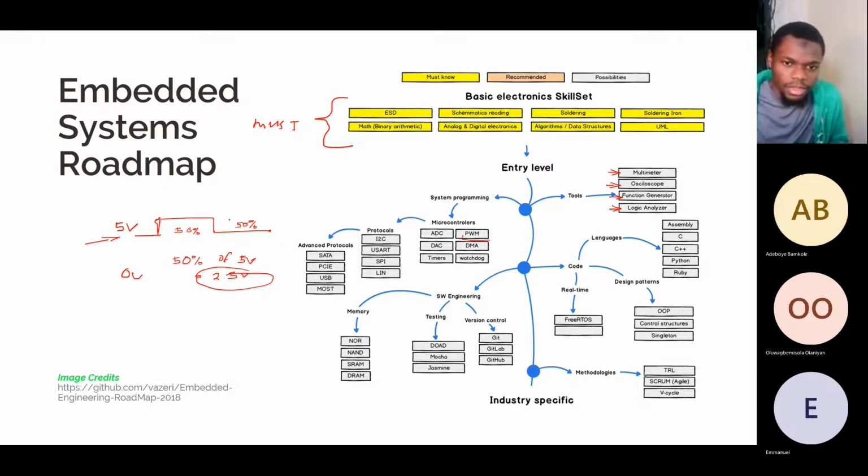Another thing about the PWM signal is that the signal is changing at a very high frequency. I can't remember the exact frequencies, but maybe 250 kilohertz or something. It's changing so fast.